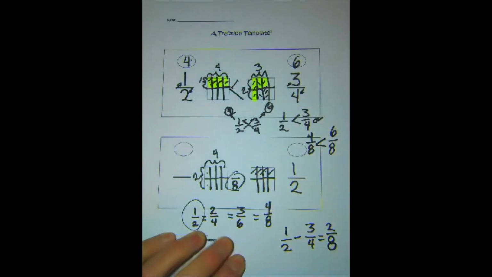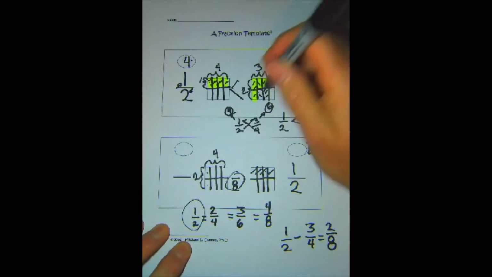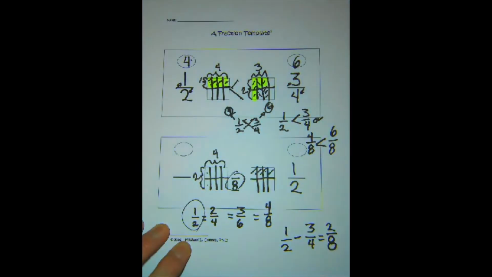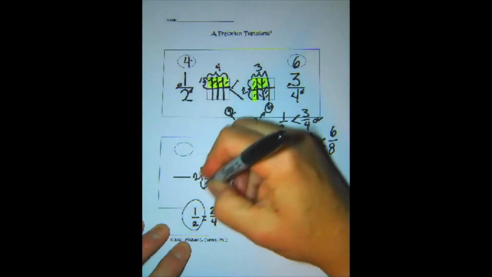Now, if I'm very clever, one of the things that I can see is that these are 2 of those pieces. I could rearrange those, couldn't I? I could put 1 of them here, and I could put 1 of them here, and that gives me a different way of describing it.